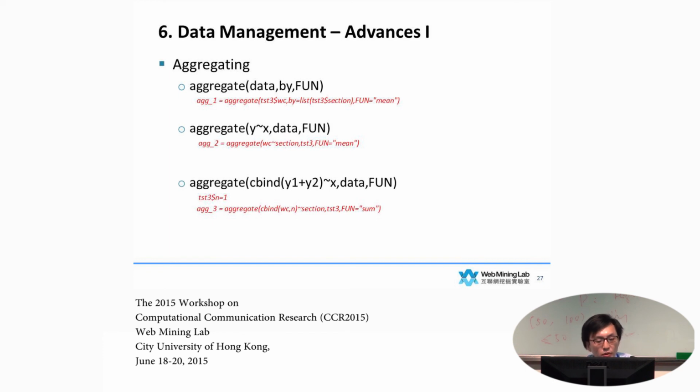I think this one is more intuitive. We want to know the average word count, and we group by just one variable, section. Okay, we can get the same result.